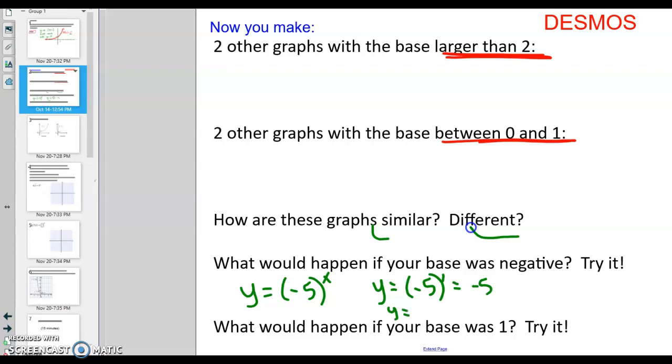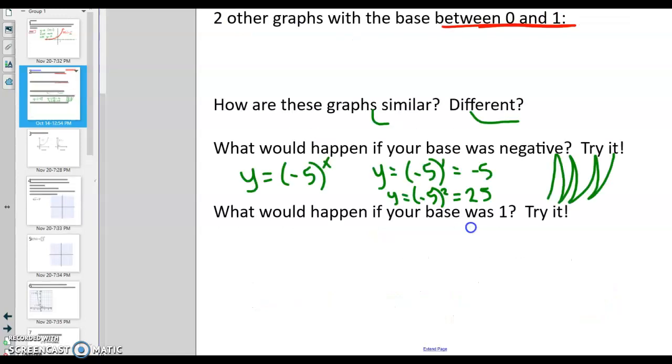But if we tried negative 5 to the power of 2, we'd get positive 25. So your graph is actually going to flip-flop between positives and negatives as you try different numbers in there. Again, if you have a negative to the power of 3, it's going to be back in the negatives. So it would flip-flop back and forth.